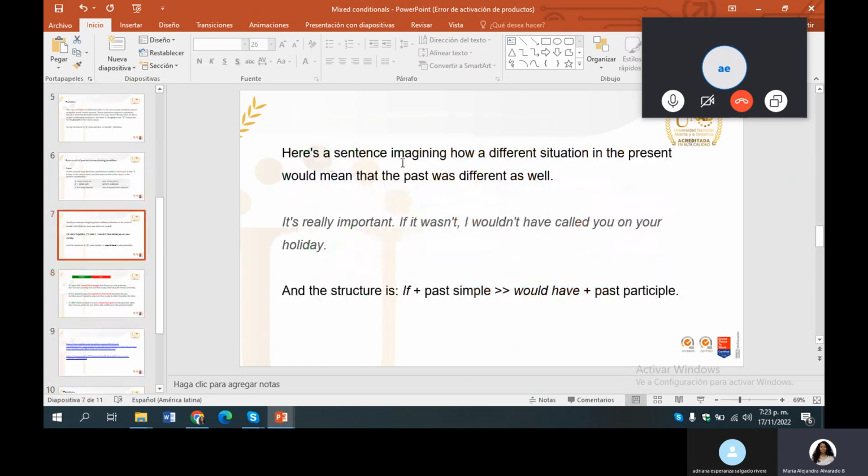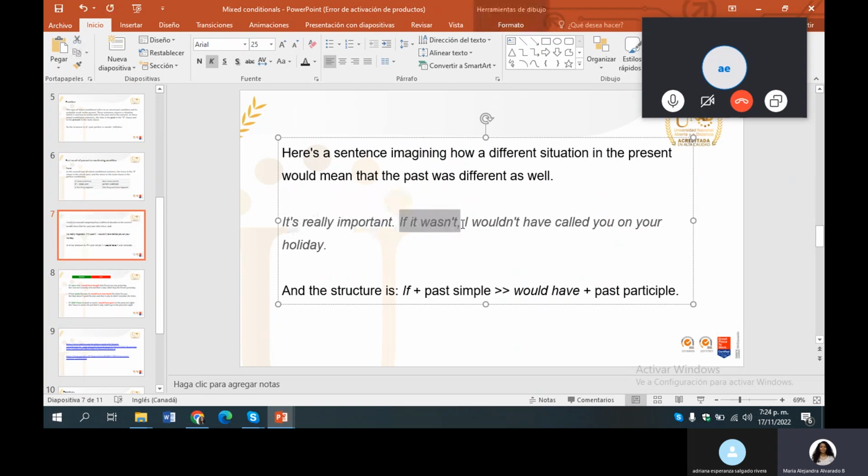Okay, so here is a sentence imagining how a different situation in the present will mean that the past was different as well. This is really important. If it was this in the present, I would have called you on your holiday.